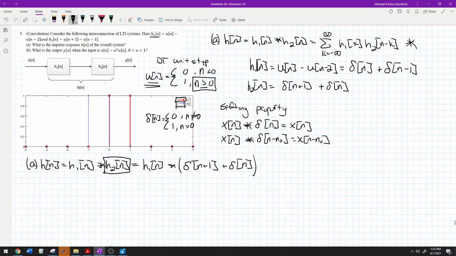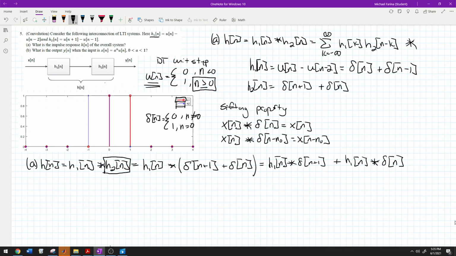And then convolution is distributive, so we get h1 of n convolved with delta of n plus 1 plus h1 of n convolved with delta of n.